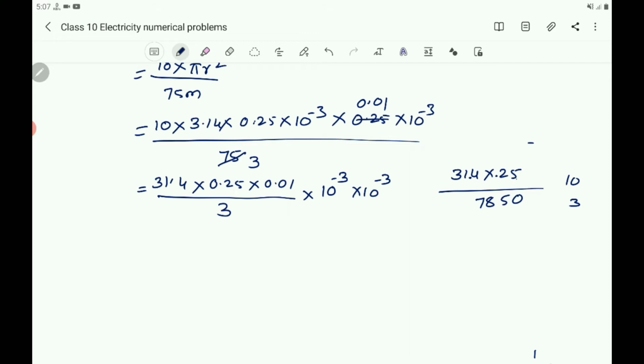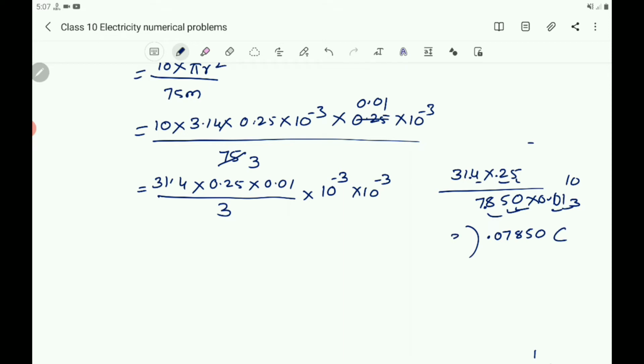So here 1, 2, 3 decimal places, you will get 7.850. That into 0.01, that equals what? You will get 7850, and counting 5 digits, you will get 0.0850. That divided by 3.